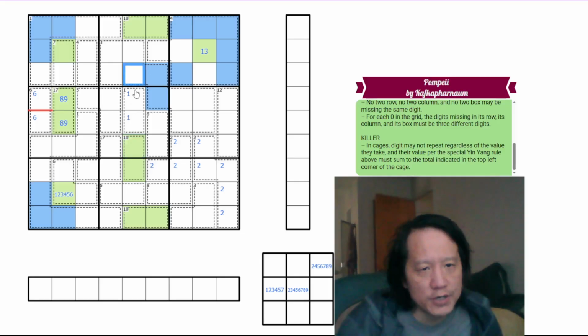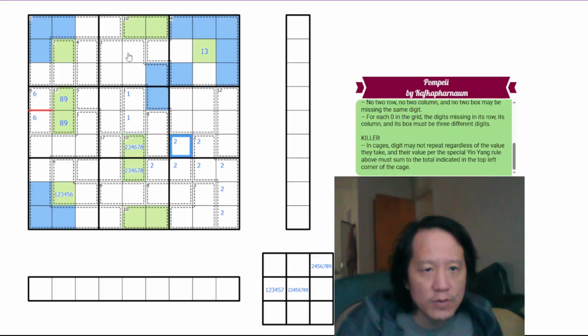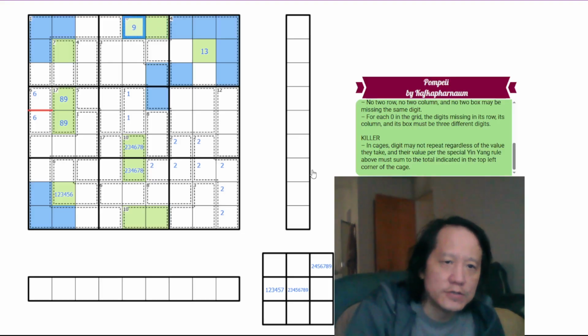This cannot be 1 and 9, so this is either 2, 8, 3, 7, or 4, 6. This could be 9 and 1. So 9, 1, 2, 8, 3, 7, 4, 6, 2, 8, 3, 7, 4, 6.